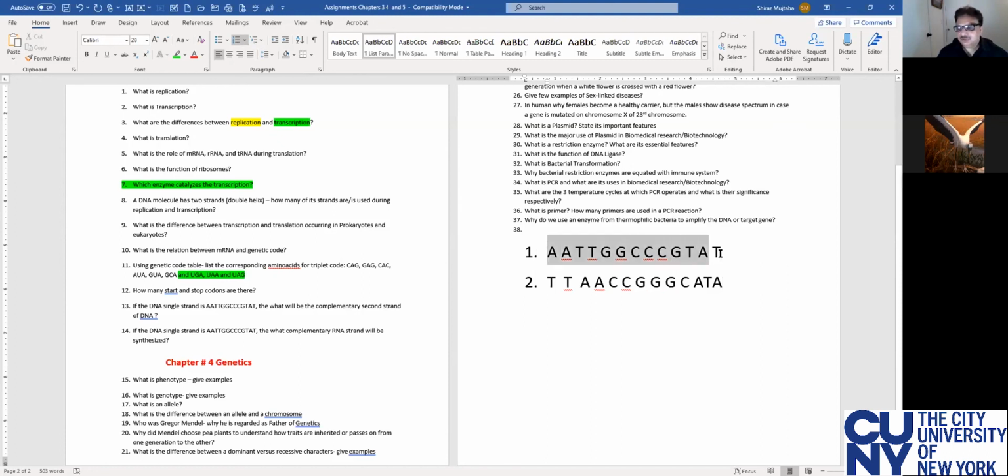So if this is the sequence of nucleotides on the first strand, the sequence of the second strand will be like this, TTA. Now, the same thing.